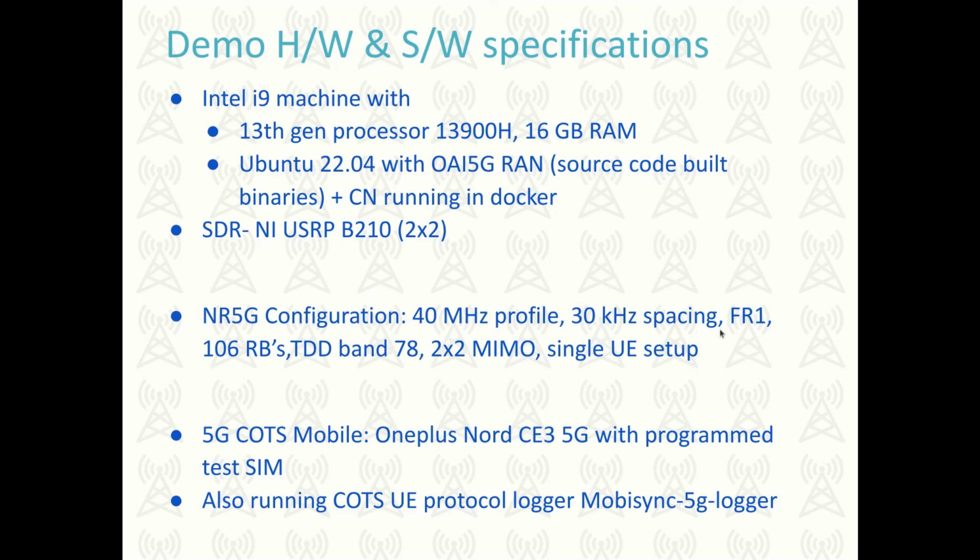This is the configuration for the demo. 40 MHz profile, 30 kHz spacing. This is typical n78, band 78, which is very popular even in India. Jio uses this very popular band. 106 RBs, 2x2, single UE setup. I will be using a single UE, but you can use multiple UEs also.